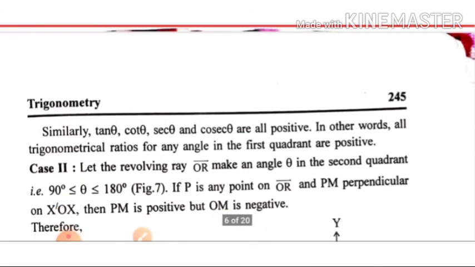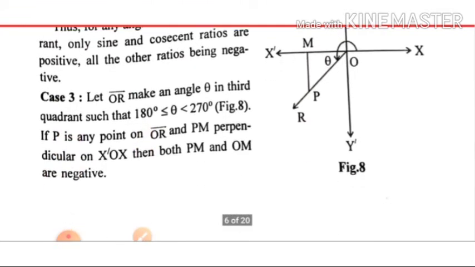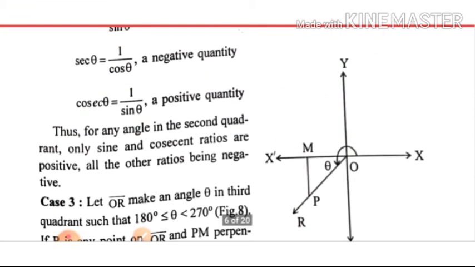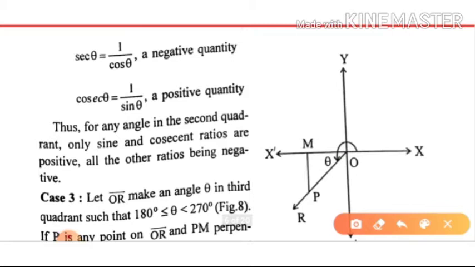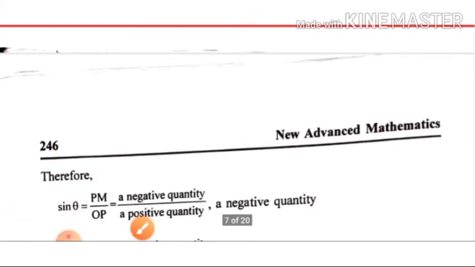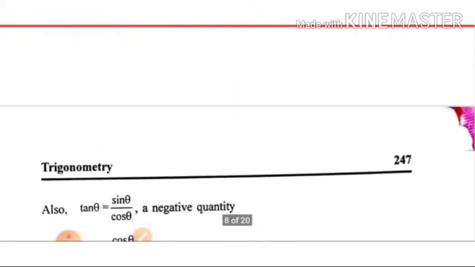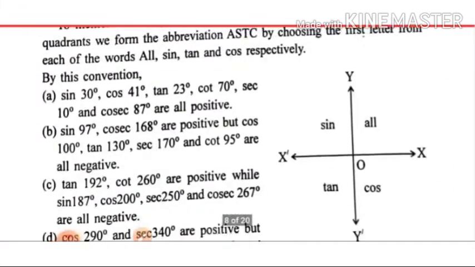I will always take the ray in the positive direction, that means what it makes with the positive direction of the x axis. I will explain this in another video.